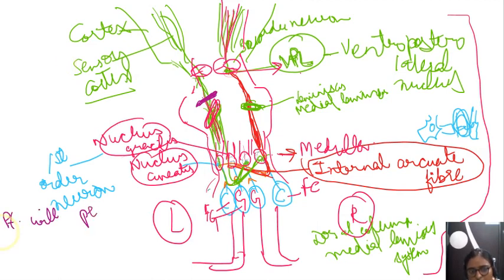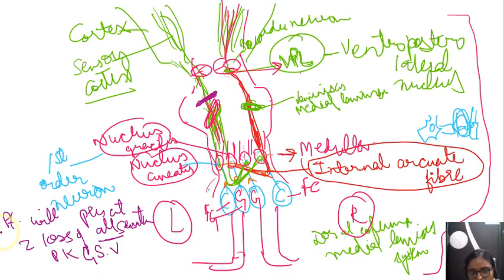So patient will present with the loss of all the sensations we discussed, like proprioception, your kinesthetic sense, your graphesthesia, your stereognosis, vibration and fine touch, from the contralateral side, because the fibers are of your right side, which are coming here, right?